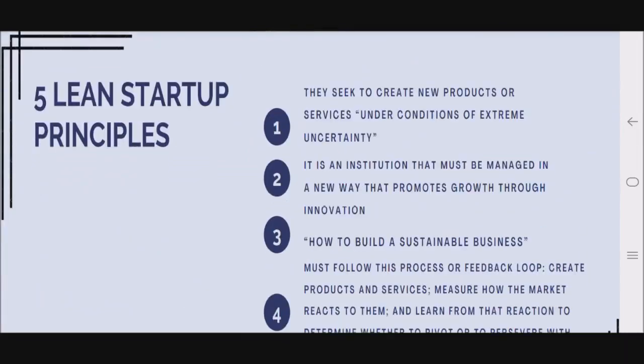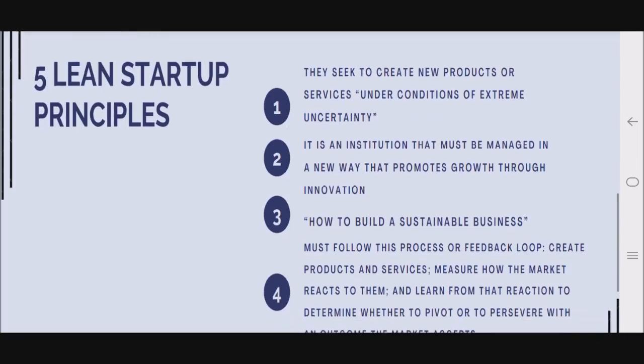Five lean startup principles. First, they seek to create new products or services under conditions of extreme uncertainty. Second, it is an institution that must be managed in a new way that promotes growth through innovation. Third, how to build sustainable businesses.